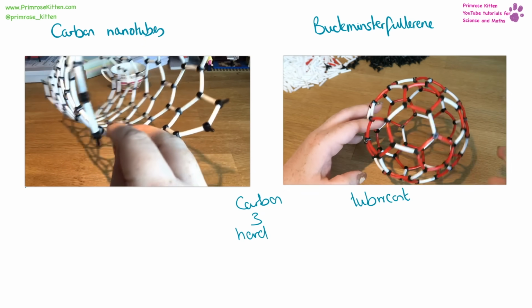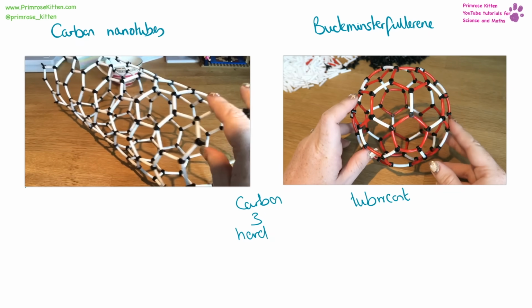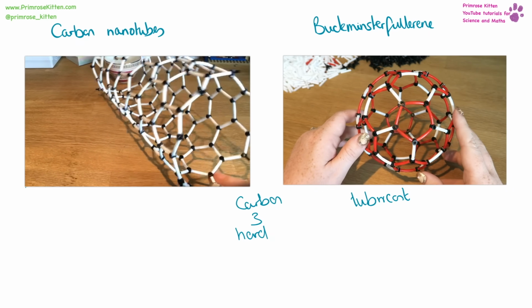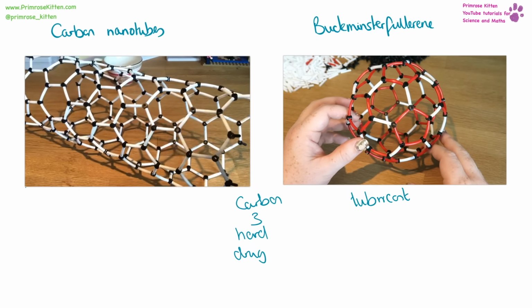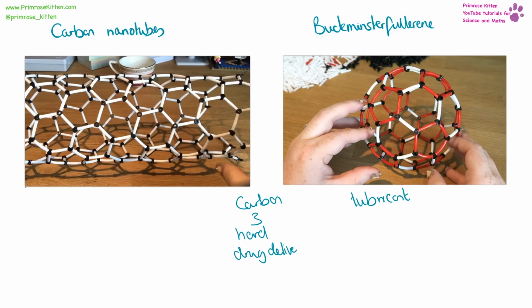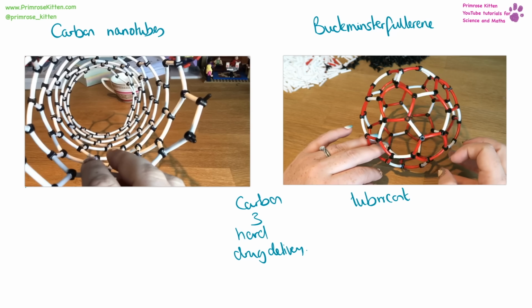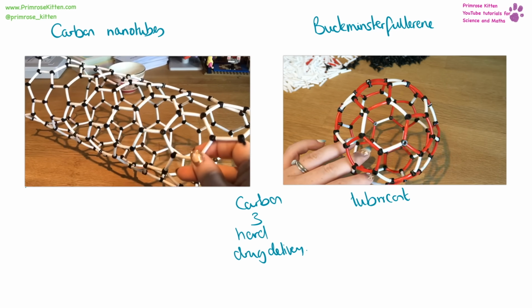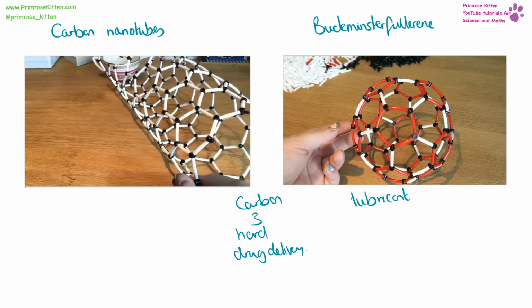It can be used for reinforcement, where you need very strong, very light things like aircraft or bicycles. They can also both be used, or in the future be used, for drug delivery. There are loads and loads of potentials for these, but they haven't been realised yet.